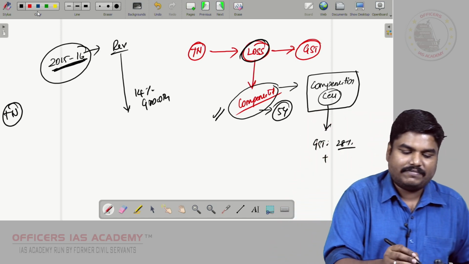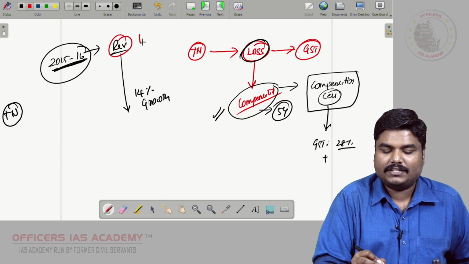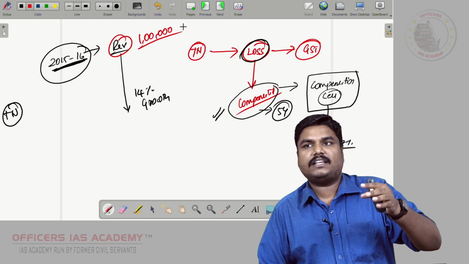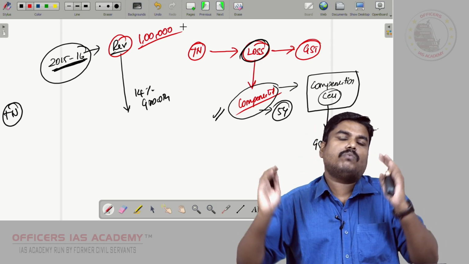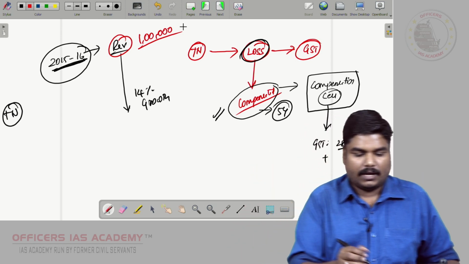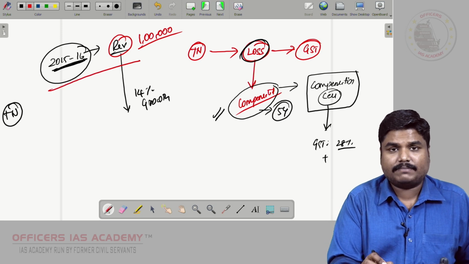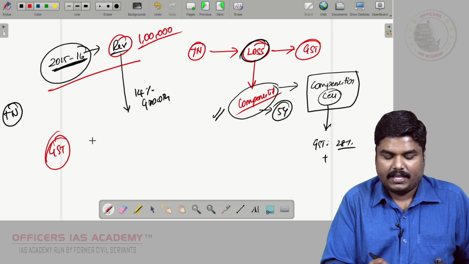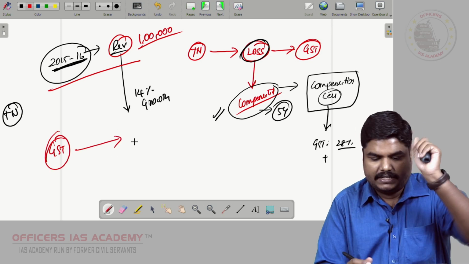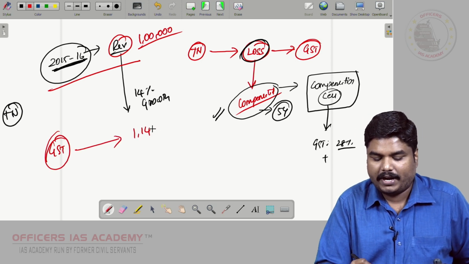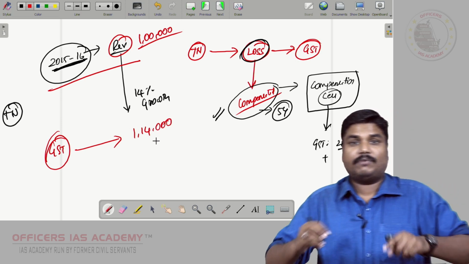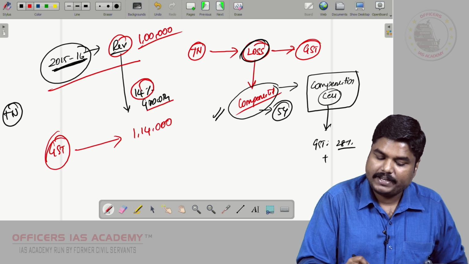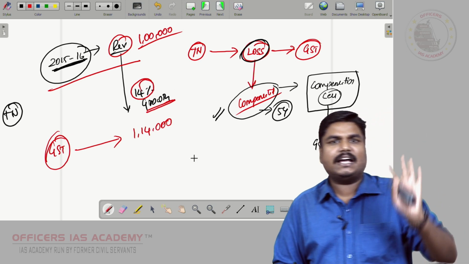Let us say in 15-16 the revenue was 1 lakh crores. This was the case before GST. Now after implementing GST, Tamil Nadu government will definitely get 1.14 lakh crores. This is what central government says.